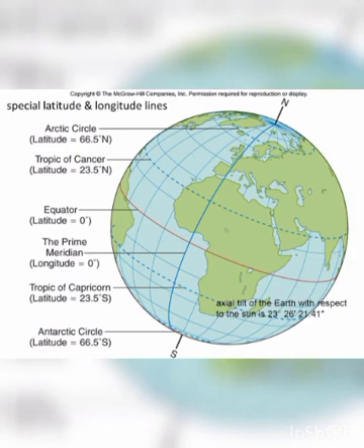Longitudes are semicircles drawn from pole to pole. All the latitudes and longitudes are numbered. These latitudes and longitudes form a grid on maps that helps to locate places.